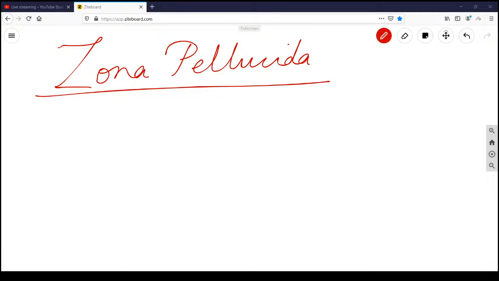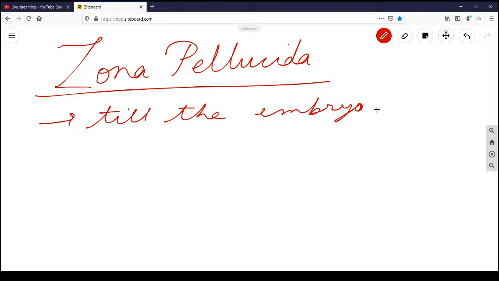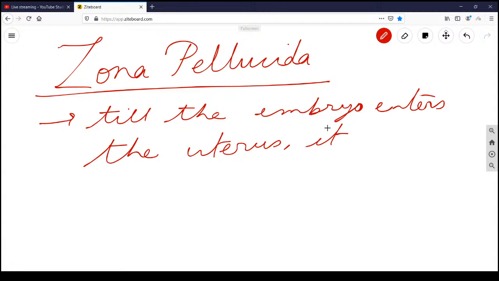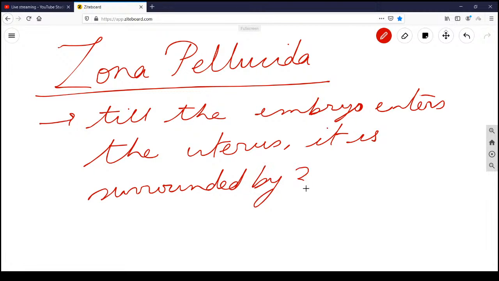Till the embryo enters the uterus, it is surrounded by zona pellucida.